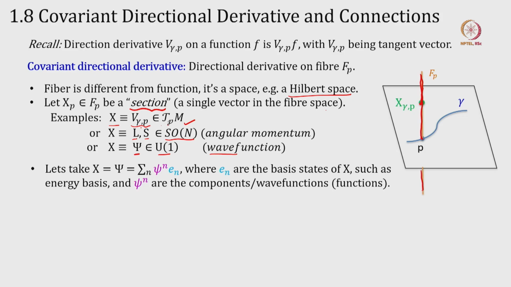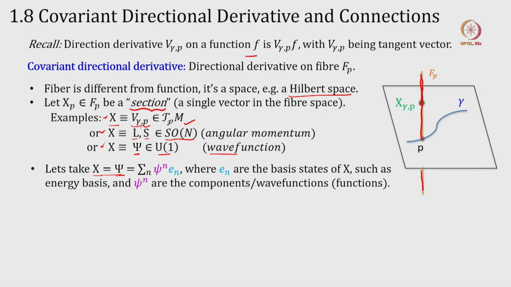Now, what is the important thing about a state vector or a fiber which differs from the function, that we have to define a covariant derivative? Here it is. What I am going to define is general, but we will use this notation to connect you to quantum mechanics, but for anything else it will remain the same.